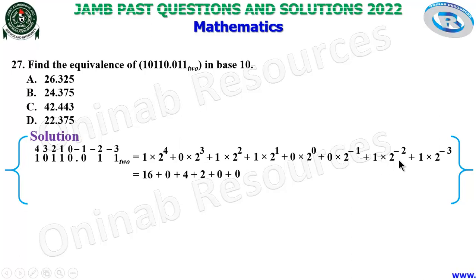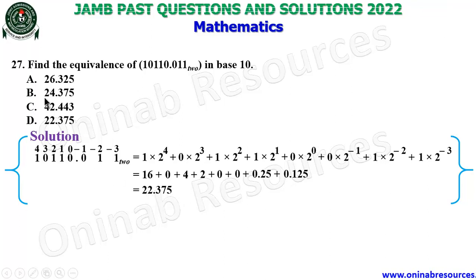Then this is 1 times 2 raised to power -2, that's giving us 1 over 4, that's 0.25. Then plus this, which is going to give us 1 over 8, which is 0.125. So adding up this, we have our answer as 22.375. 22.375 gives option D. And that's all for problem 27.